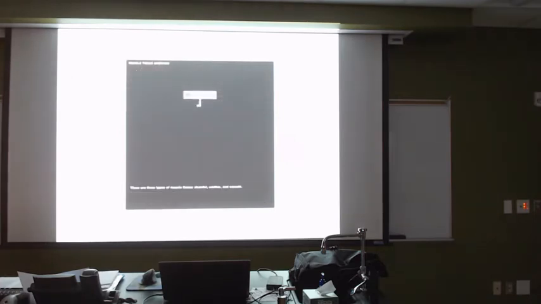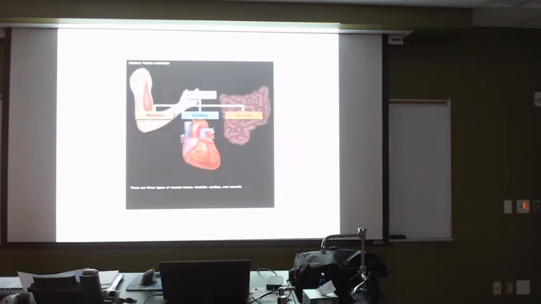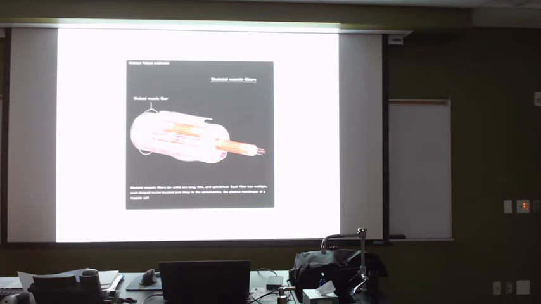There are three types of muscle tissue: skeletal, cardiac, and smooth. Skeletal muscle is under voluntary control and is usually attached to bones via tendons or other connective tissues. Skeletal muscle fibers, or cells, are long, thin, and cylindrical. Each fiber has multiple oval-shaped nuclei located just deep to the sarcolemma, the plasma membrane of the muscle cell.